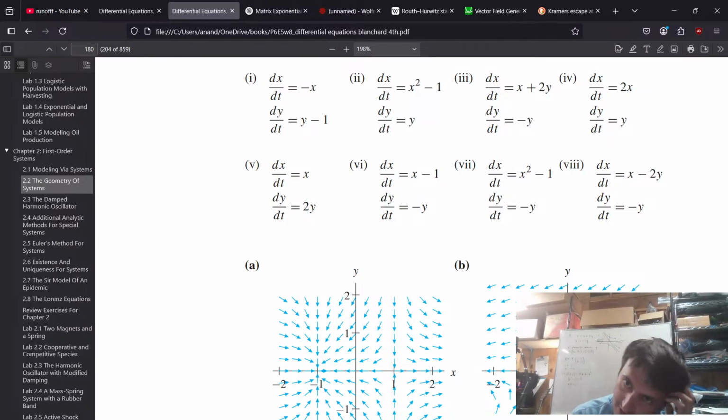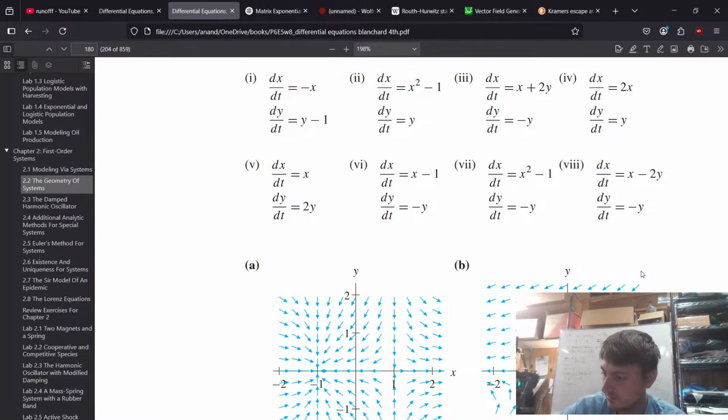I kind of want to linearize both 3 and 8 just to get an idea. So we're going to have 1, 2, 0, minus 1, and 1, minus 2, 0, minus 1.